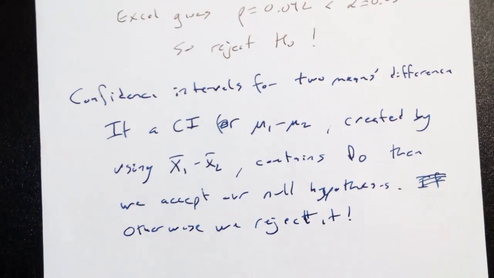In other words, a t-test or a z-test is really checking, are we in the confidence interval or out of the confidence interval? Which means my confidence interval calculation is going to look just like my t-tests rearranged.